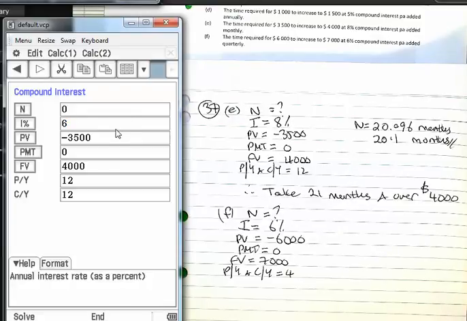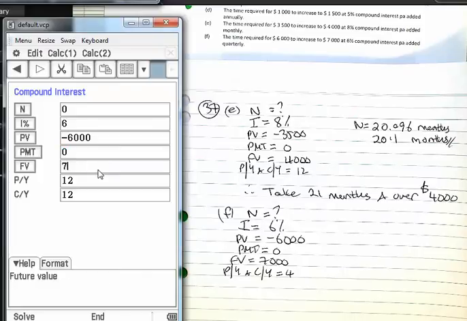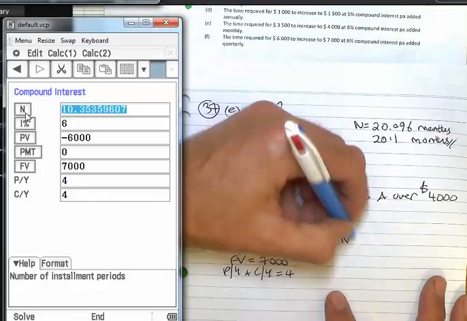So 6, payment of 0, 7,000 in this instance, compounding 4 times, payment and compounding 4 times a year, and 10.35 quarters.